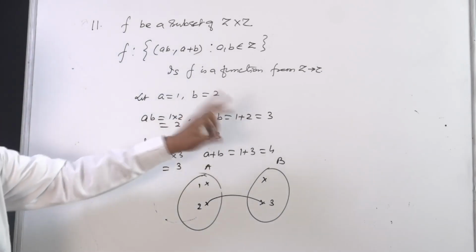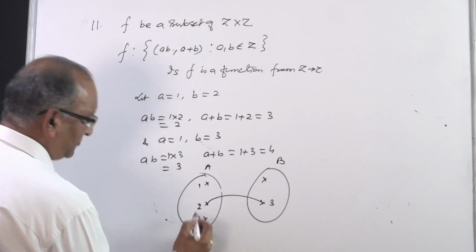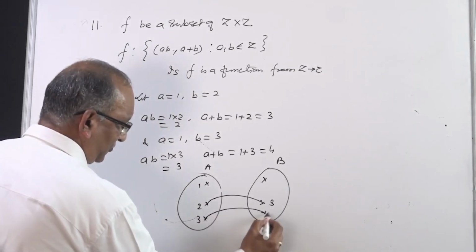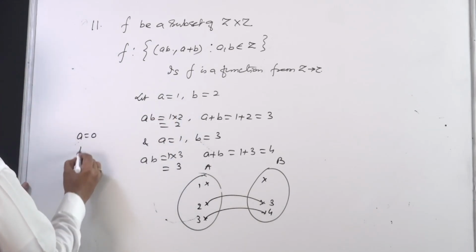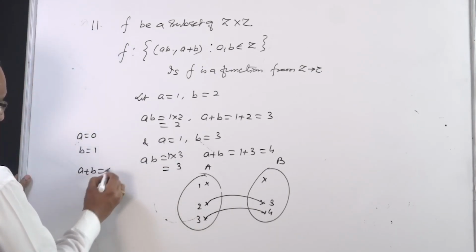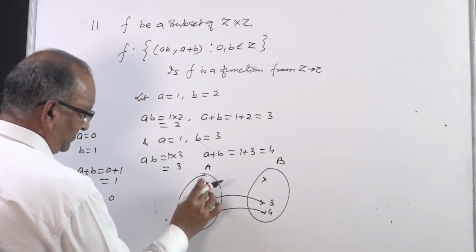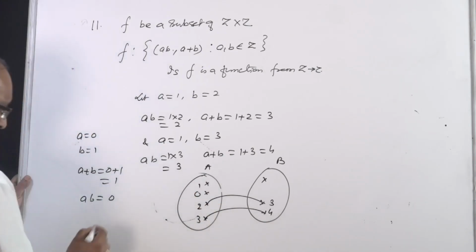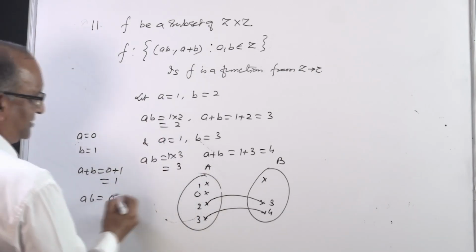And then in this case, what is happening? Here we have 3 has got image on 4. Suppose you take A equal to 0, B equal to 1. So what will be A plus B? It will be 0 plus 1 equal to 1, and what is AB? AB will be 0. So 0 has got image on 1.